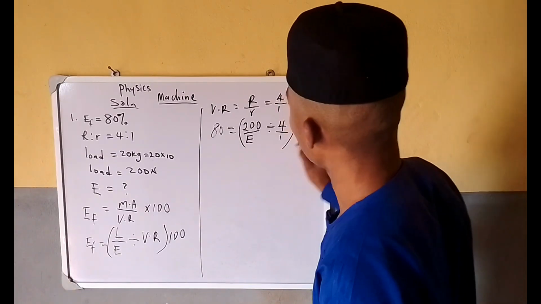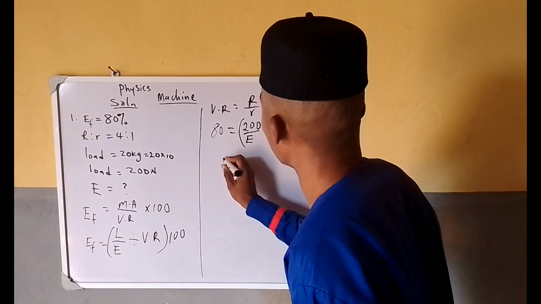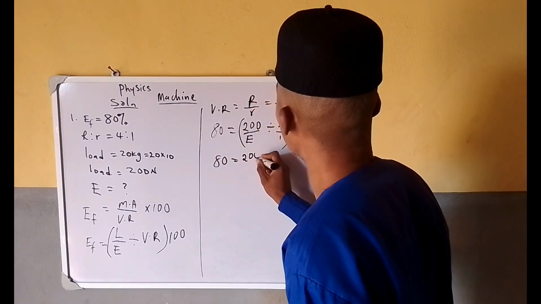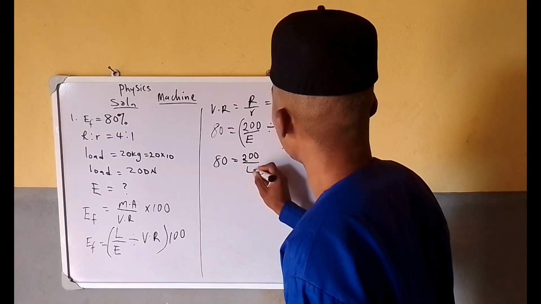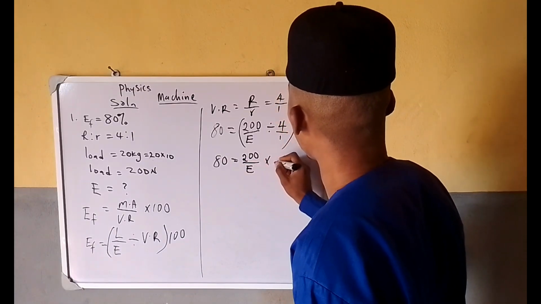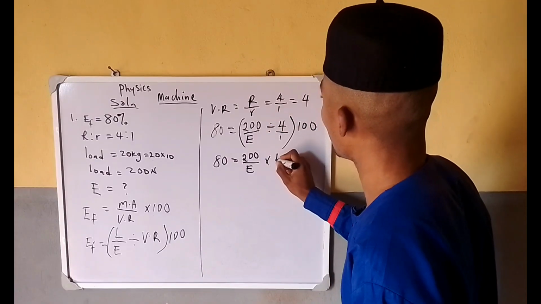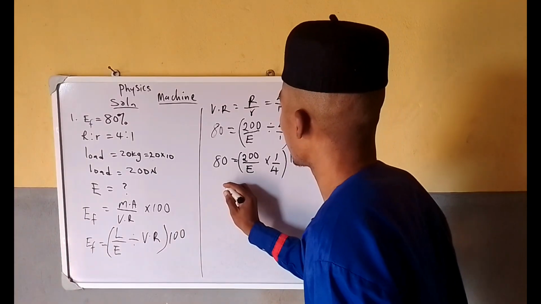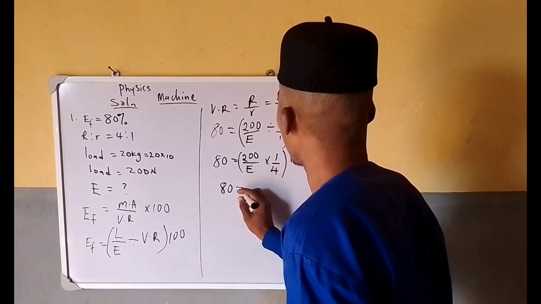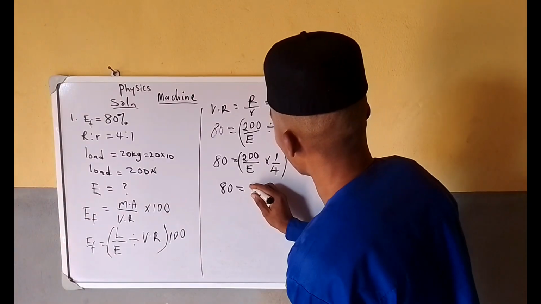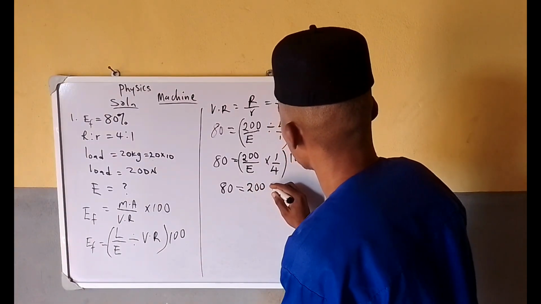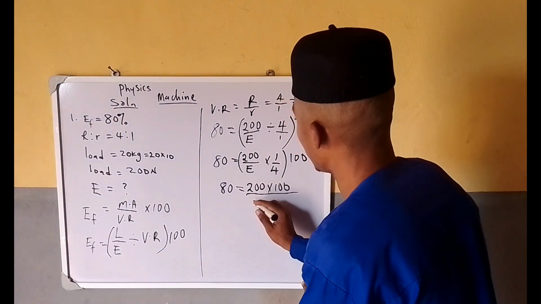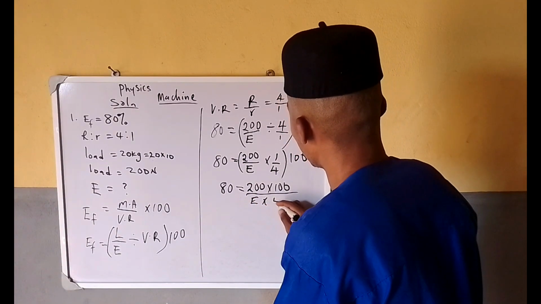So we will now deal with this expression. This will be 80 is equal to 200 over E, multiplied by, when we change the division sign to multiplication, it becomes 1 over 4, all multiplied by 100. So we now have 80 is equal to 200 times 100 over, then what you have down is E times 4.